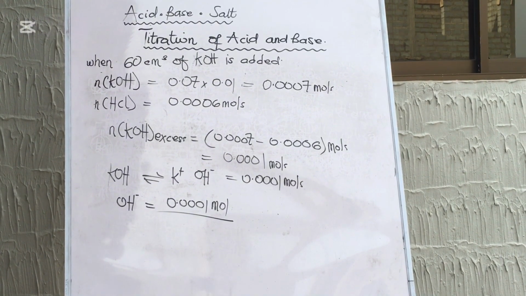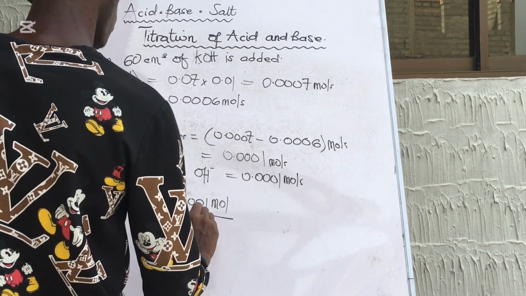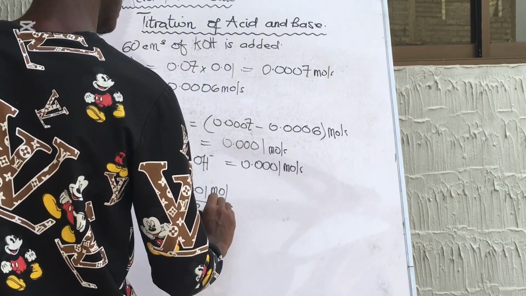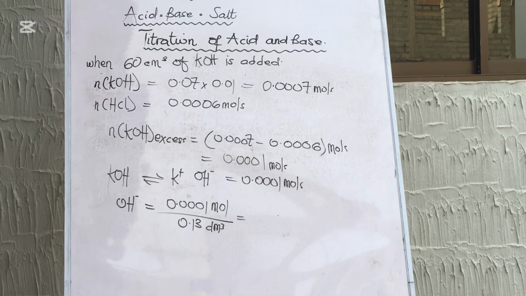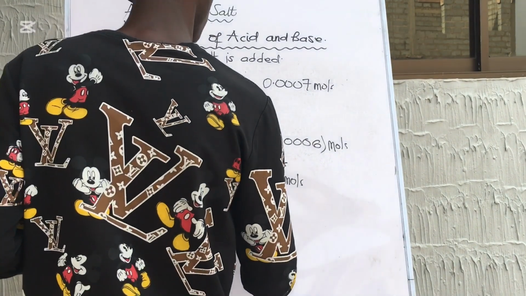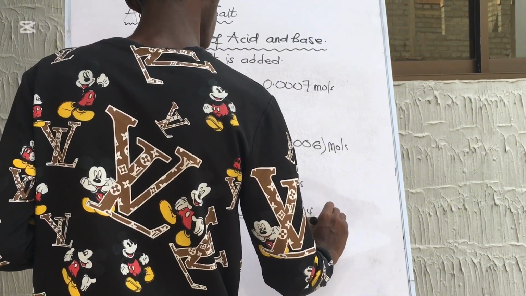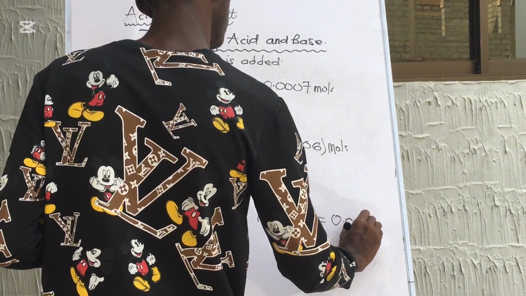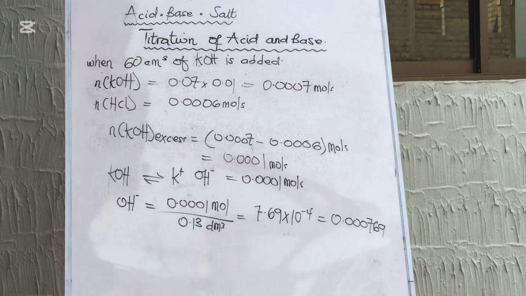Converting it into decimeter cube will give you 0.13 decimeter cube. And using our calculator, we are going to get 7.69 times 10 to the power negative 4, which is the same as 0.000769.